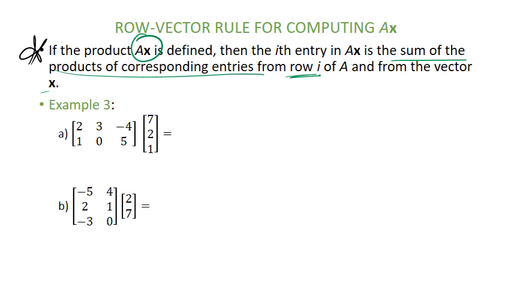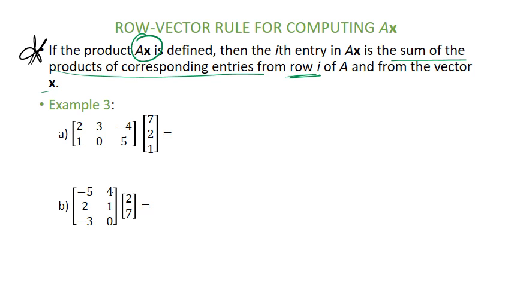We can do this as we did previously. So we could take this times this entry, add it to this times this entry, and so on and so forth. And this is the exact same problem from example 1, okay?